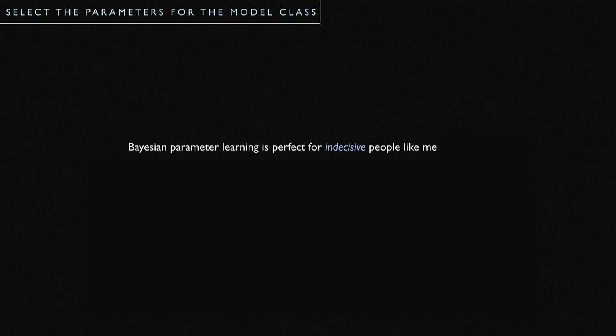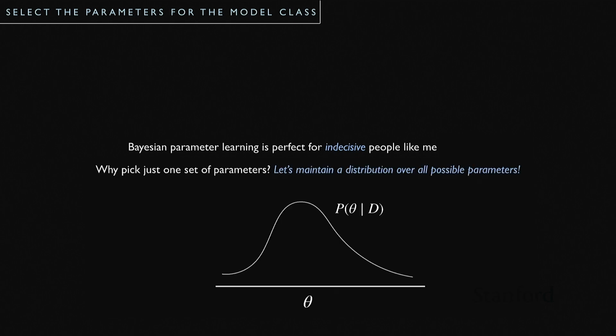Okay, cool. So let's back up to where we left off last time. If you remember, we had talked about how I'm super indecisive. And so for that reason, I really like Bayesian parameter learning, because then we don't just have to pick one set of parameters like we did with maximum likelihood parameter learning. Instead we get to maintain a distribution over all possible parameters.